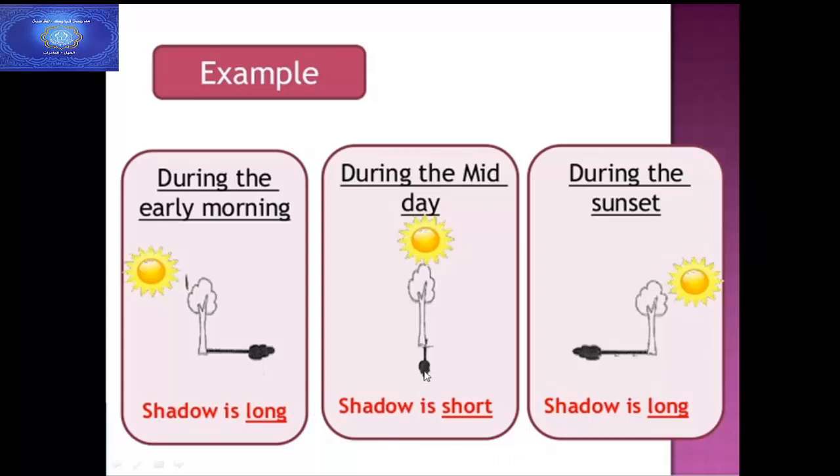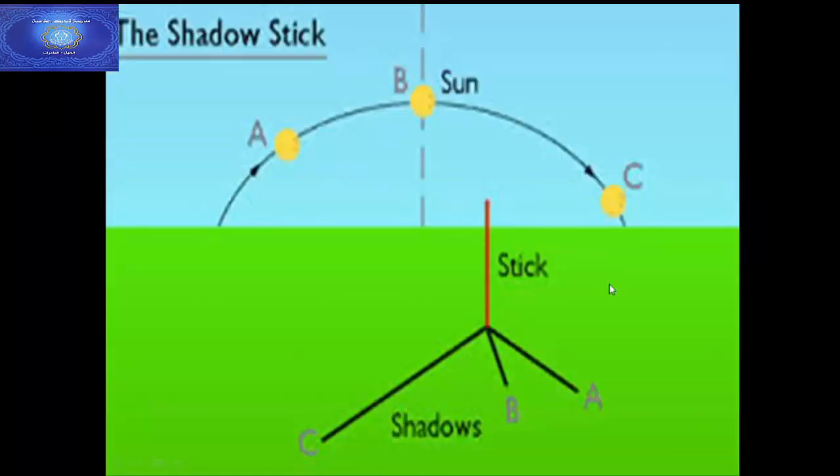Then after 1 o'clock, the shadow becomes longer and longer, then longest in the evening when the sun sets. This shadow stick or sundial tells the time.